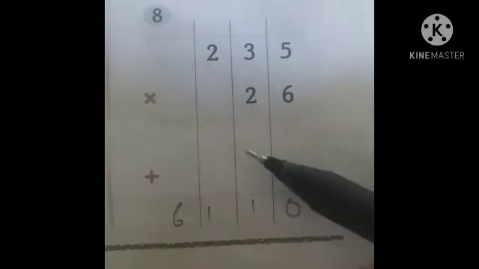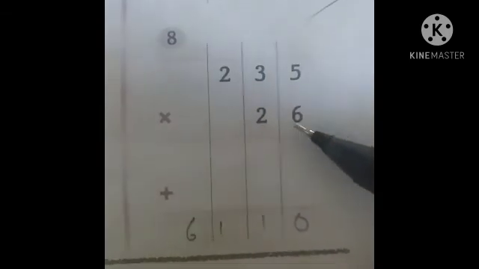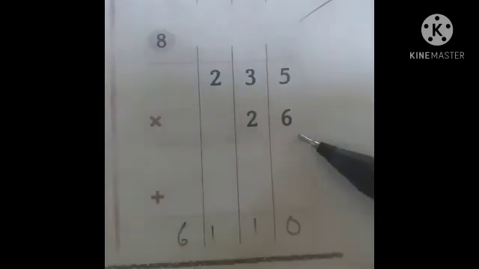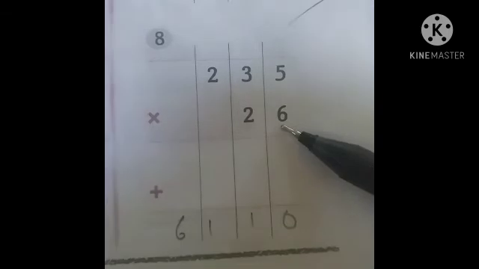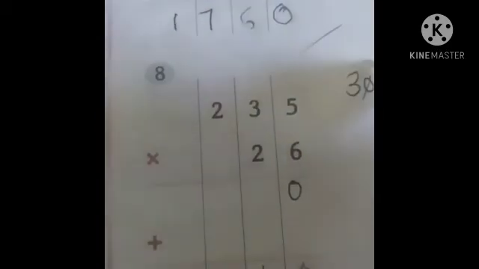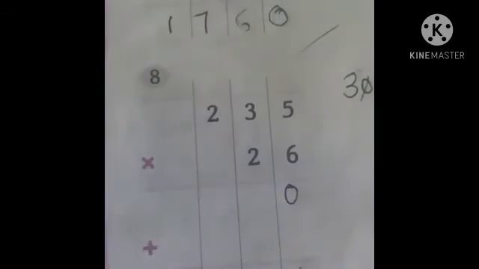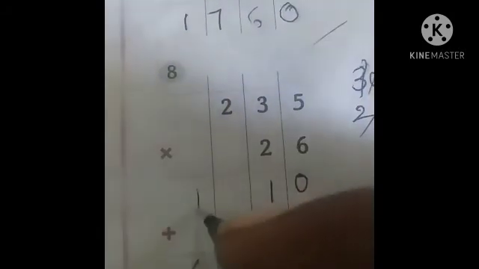235 into 26. Here we multiply by a 2 digit number. Ones place 6 is there. Multiply by 6. 6 fives are 30. 0 write here because it is in the ones place. 6 threes are 18. 18 plus 3, 21. 6 twos are 12. 12 plus 2, 14.